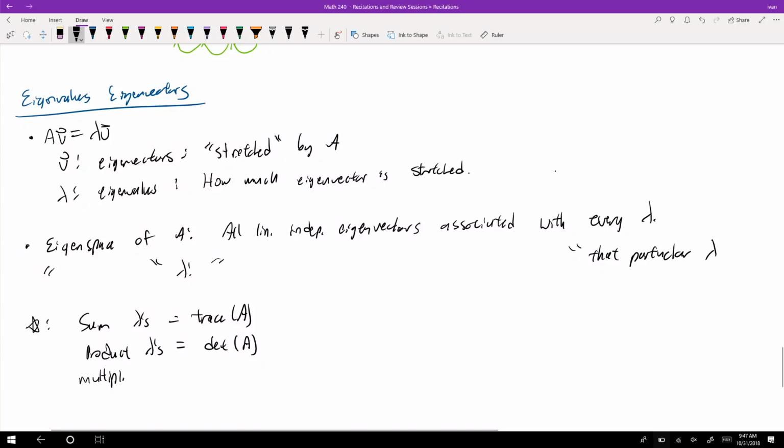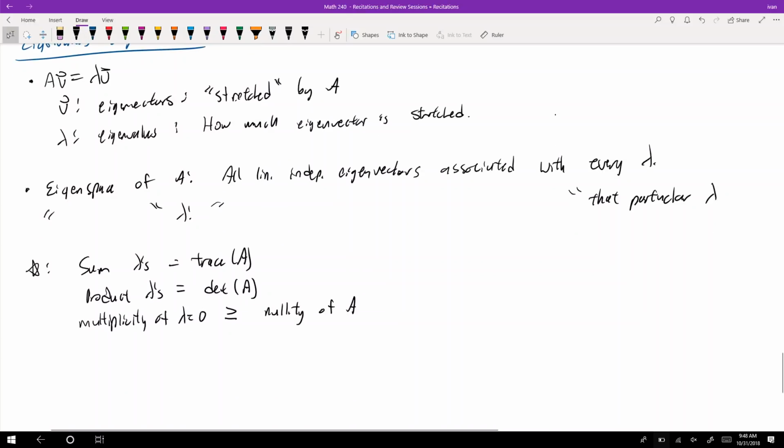The multiplicity of lambda equals 0 is greater than or equal to the nullity of A, and this is equal when A is non-defective.